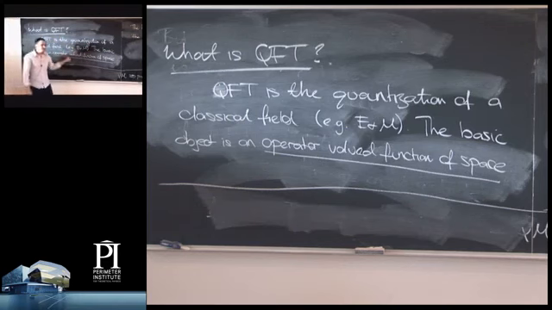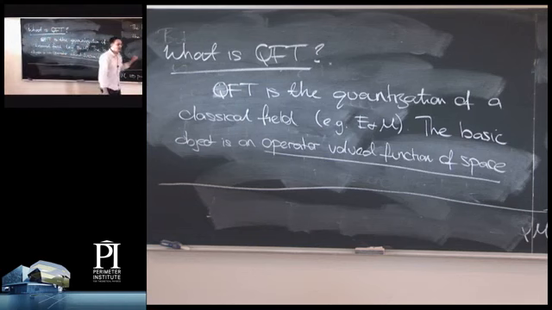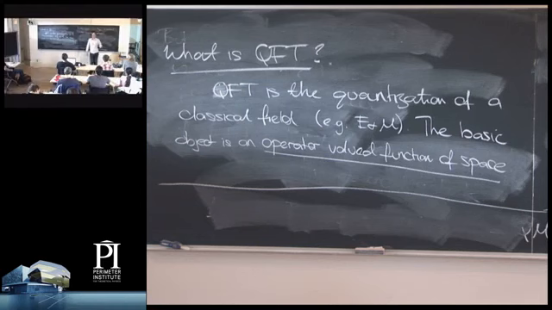And that infinity is going to come back and bite us many, many times in understanding quantum field theory. And it's really where all the richness and beauty of quantum field theory is, in making sense of that infinity. Okay, so that's what quantum field theory is.